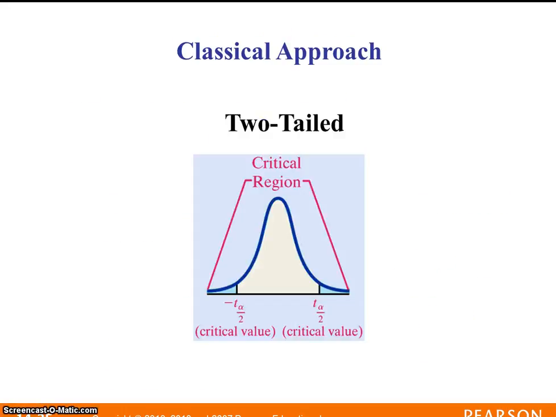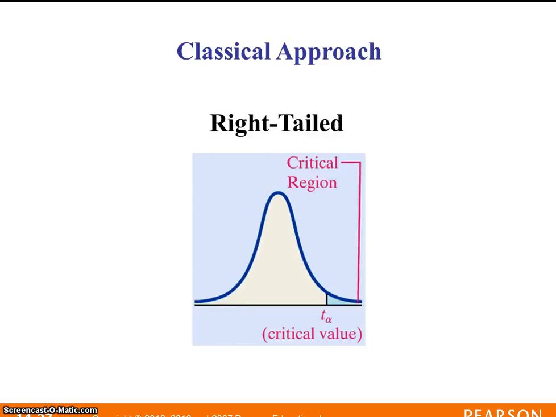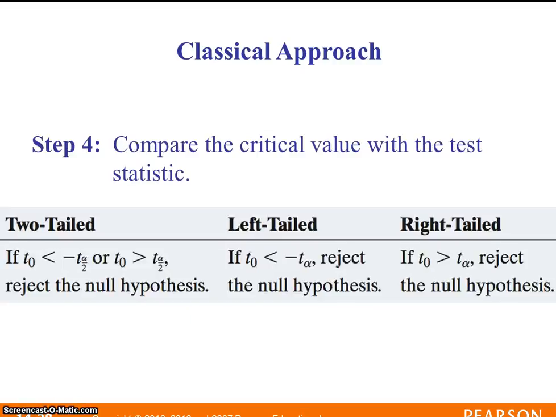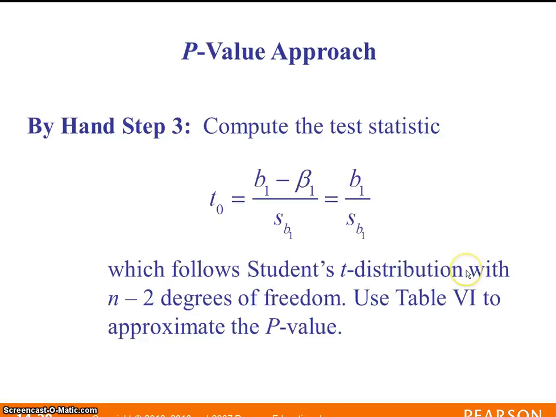And then again, you'll have a two-tailed test, a left-tailed test, or a right-tailed test. You can use the classical approach or the p-value approach. If your computed statistic is less than the statistic you would look up on the table, depending on alpha, you will reject or fail to reject the null hypothesis depending on what you have here.